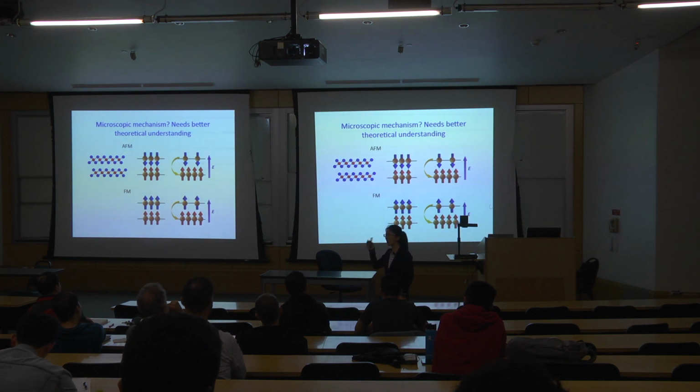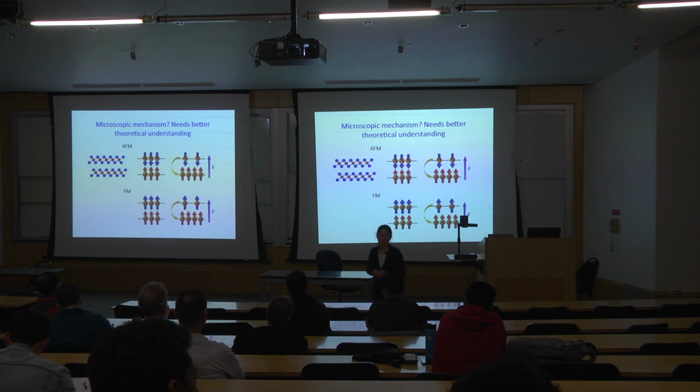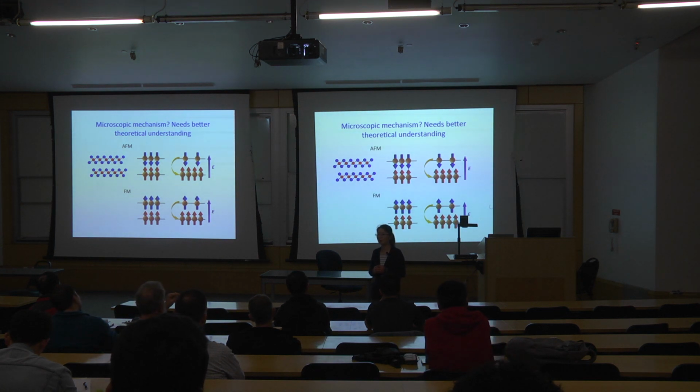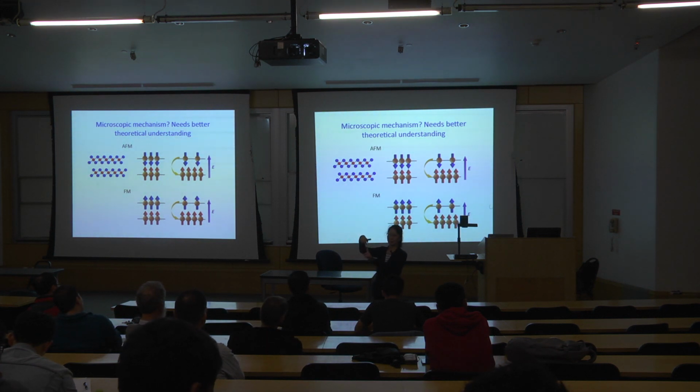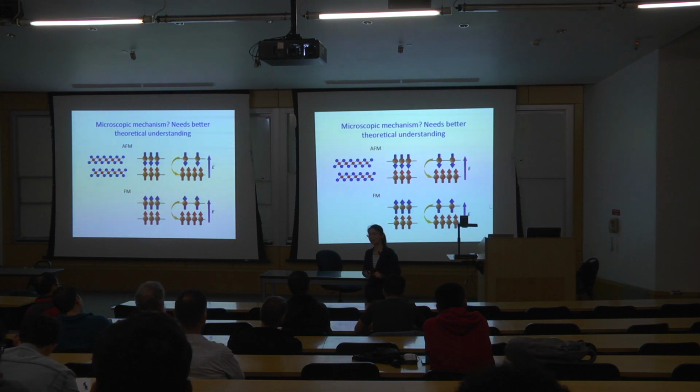But this is like one possibility. But what's kind of more possible maybe is that there have been some numerical studies of, so first of all, why bilayer is an antiferromagnet maybe is a deeper question to ask. In bulk, they all line up, and in bilayer, suddenly they prefer this ground state, right? And there have been a few numerical studies. Because the energy scale is so small, I showed you, right?